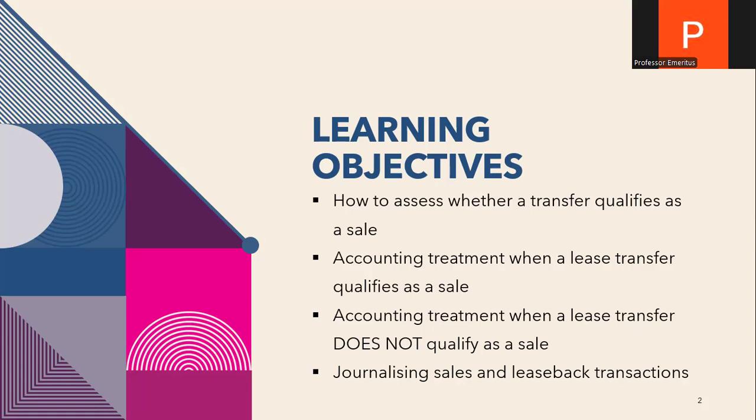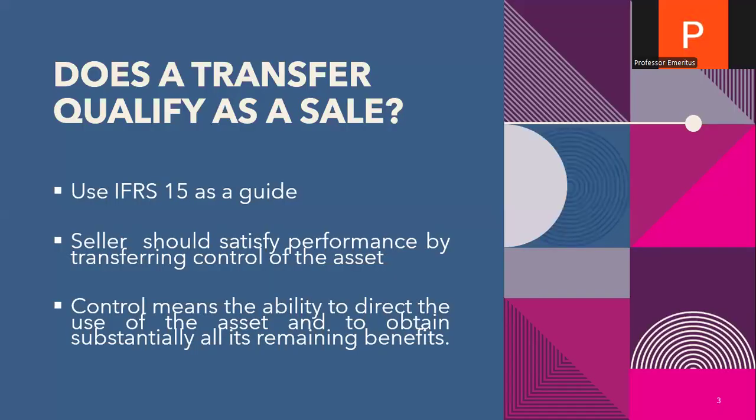Number two, what will be the accounting treatment when a lease transfer qualifies as a sale? Number three, what will be the accounting treatment when a lease transfer doesn't qualify as a sale? And then what will be the journal entries for a sales and leaseback transaction?